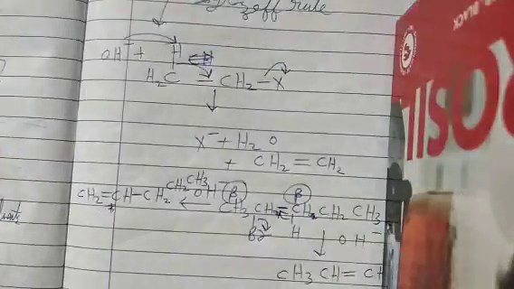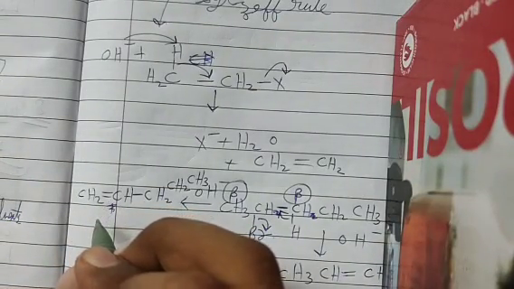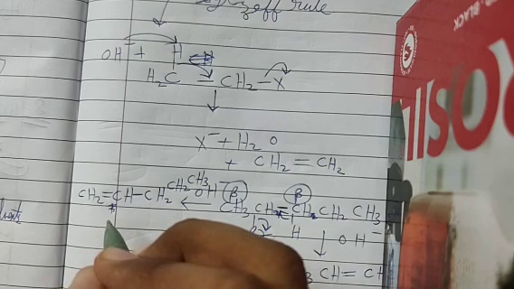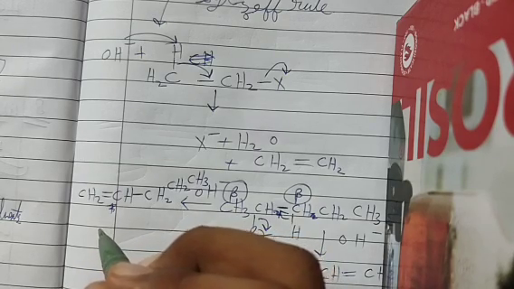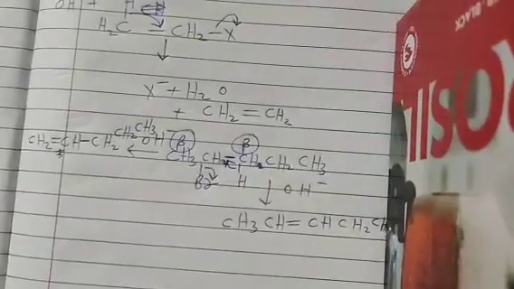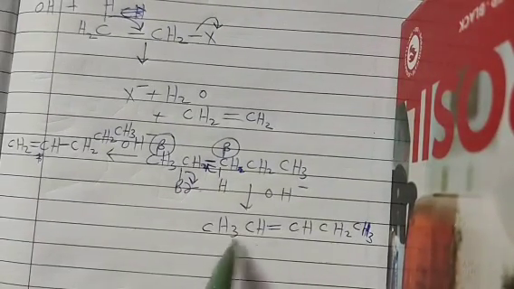So what Saytzeff rule says: of the two double-bonded carbon atoms, the one which has more alkyl groups attached to the doubly bonded carbon atom has more stability, and that product is more preferred. So out of these, which product would be more preferred? That product is going to be pent-2-ene.